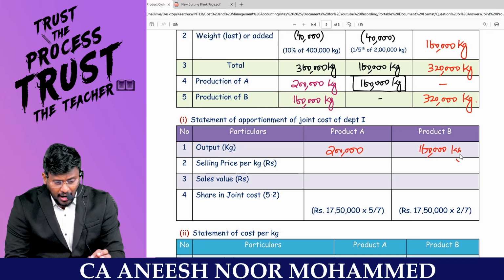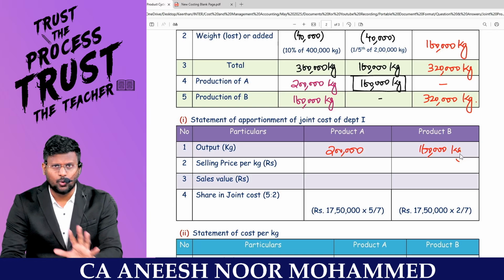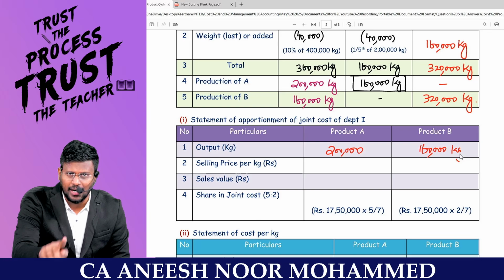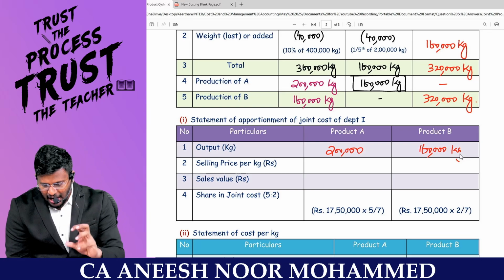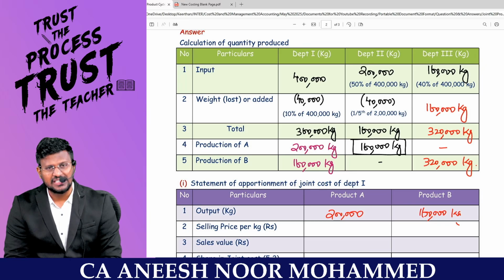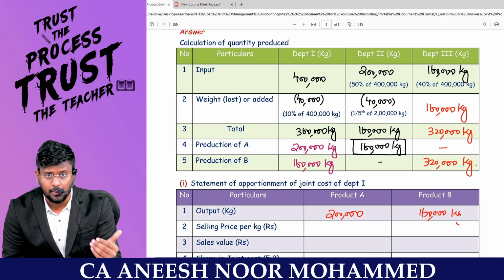If you are selling this at split off point, this is not the ultimate output. After processing at department 2, this 2 lakh is becoming 1,60,000 kg. And after processing at department 3, sir, this 1,60,000 kg is becoming double, 3,20,000 kg. That is after further processing.